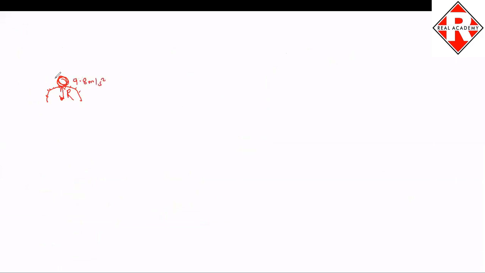Correct? But if I keep on increasing the height of the object, obviously it is going away from the center. जितना distance बढ़ेगा from the center of the earth, the gravity will keep on decreasing, right? So the g value will reduce. Similarly, if I move the object a little higher, again the g will reduce.